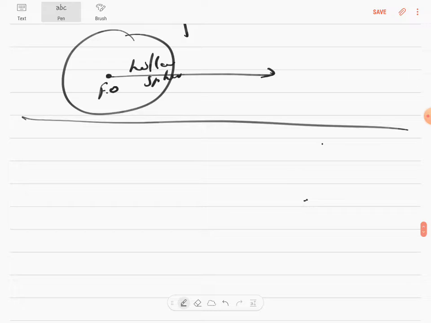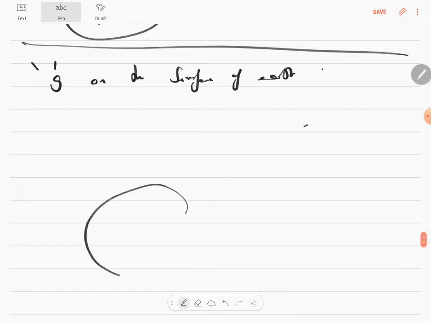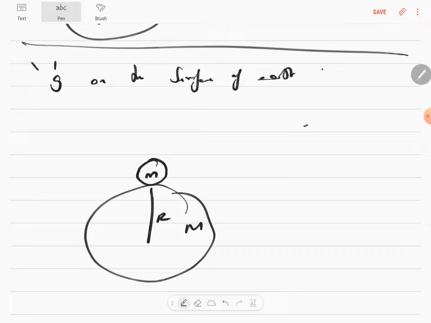It's about gravitational shielding. Now it's gravity on the surface of the earth. Expression for g on the surface of earth. Okay, consider this is earth of mass M, this is R. Supposing a body is present on the surface of the earth, small m.